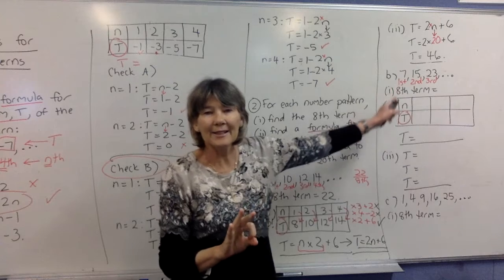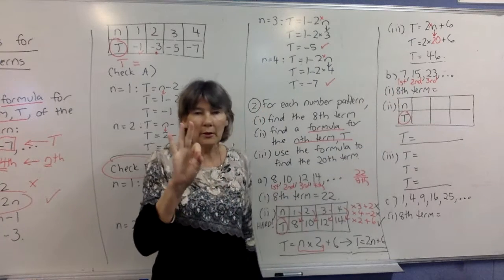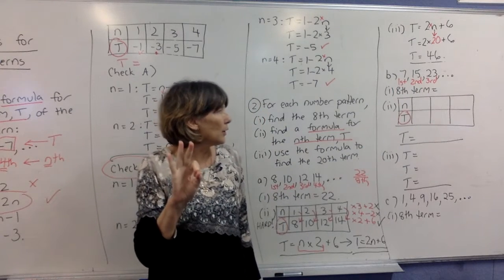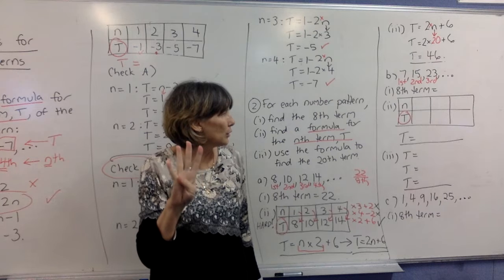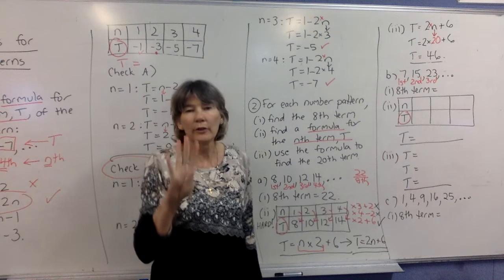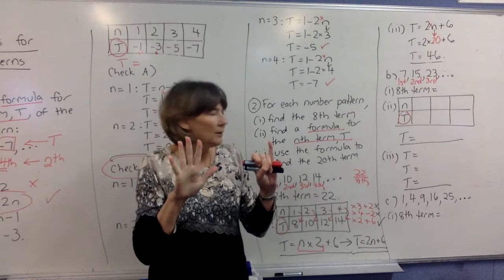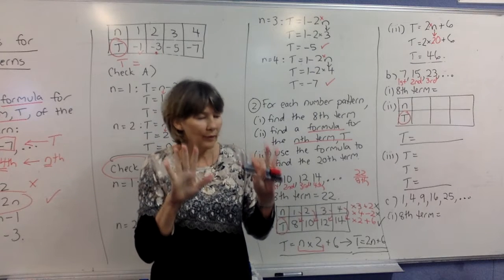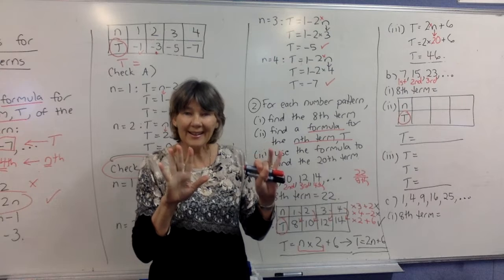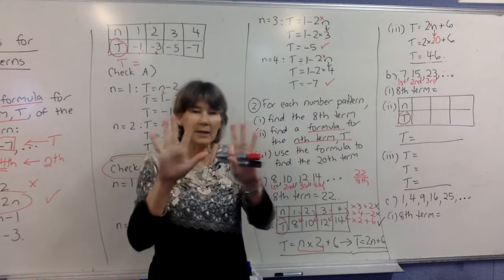We're adding 8 each time. So if we add another 8, we're going to get 31, that's our fourth term. Add 8, 39, add 8, 47, add 8, 55, add 8, 63 is our 8th term.